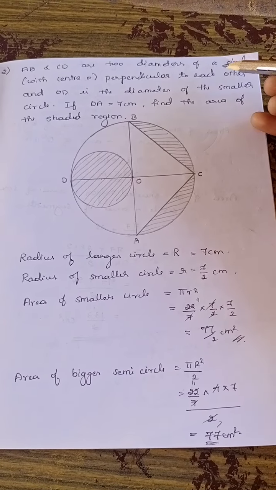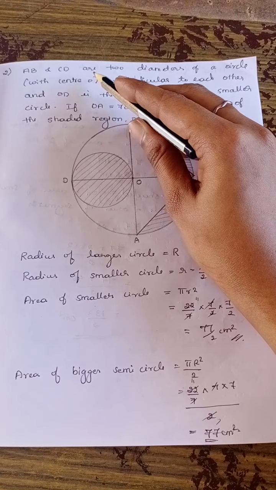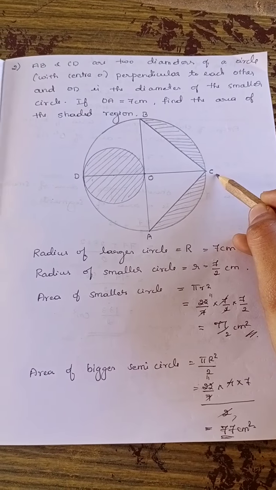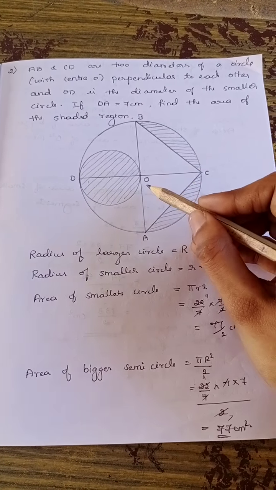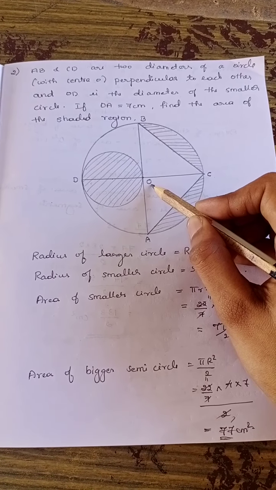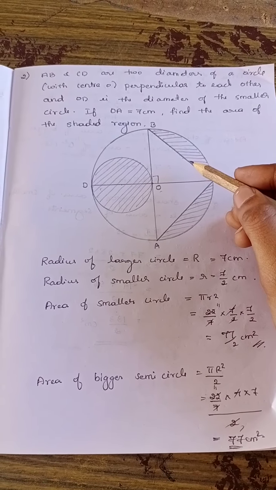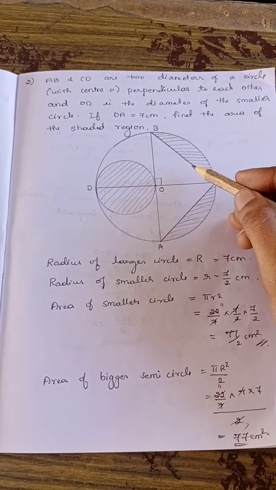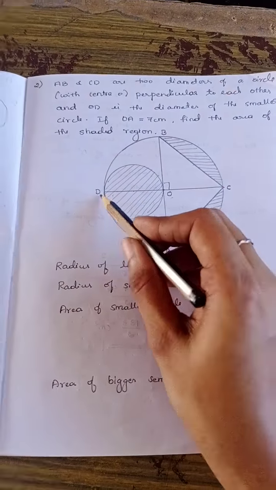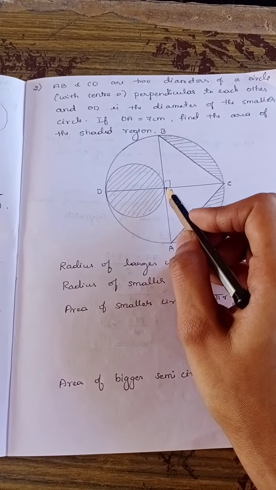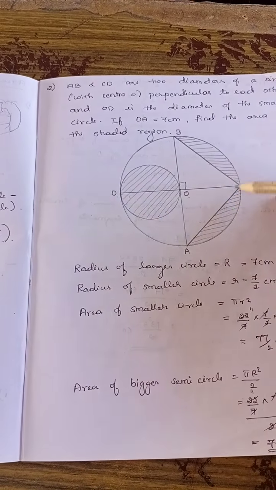Now come to the second problem. AB and CD are the diameters of the circle with the center O, perpendicular to each other, which means this angle is 90 degrees. And OD is the diameter of the smaller circle. Here OD is the diameter of the smaller circle and OD is also the radius of this whole circle.